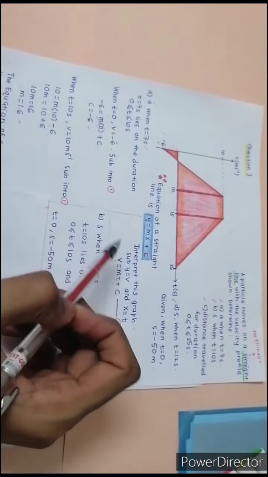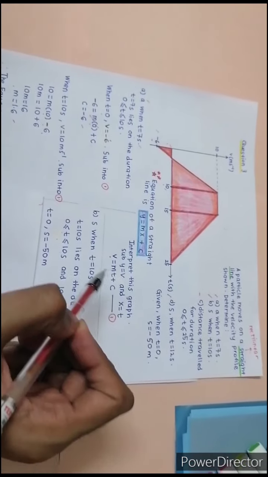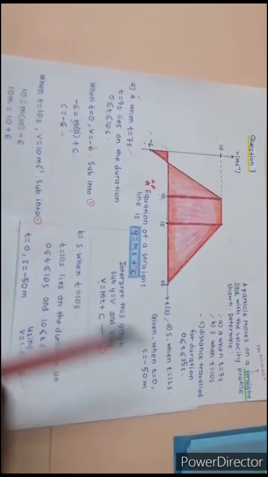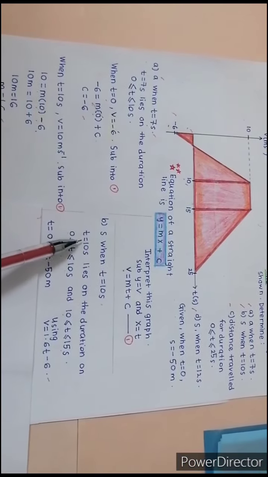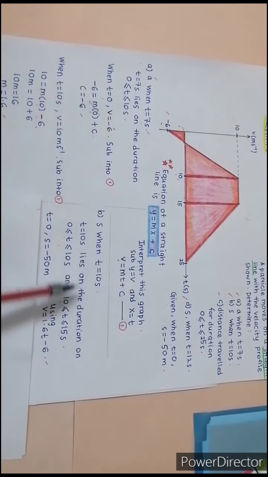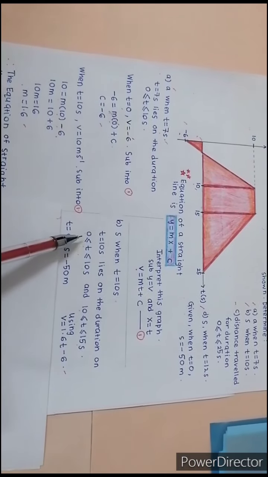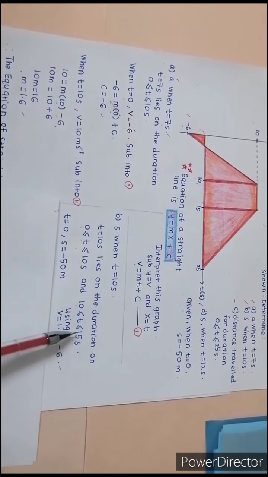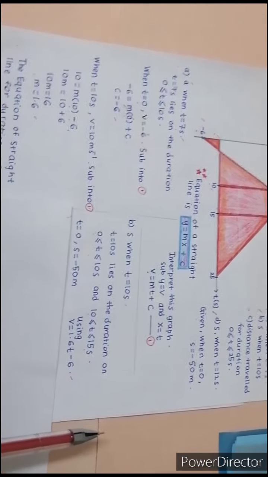For B, we need to find the displacement when time equals 10 seconds. In this case, the time of 10 seconds lies on the duration 0 to 10 seconds and also 10 to 15 seconds.